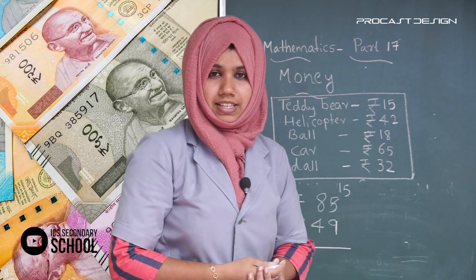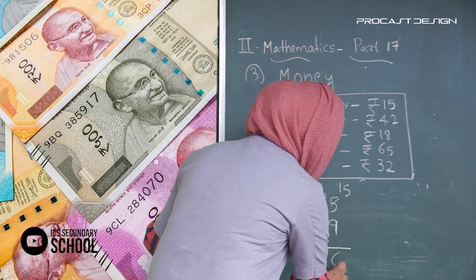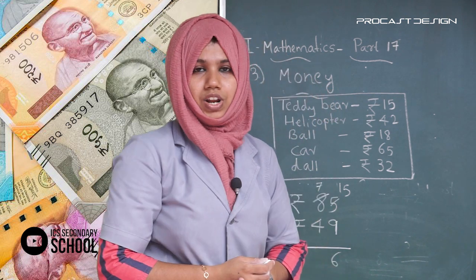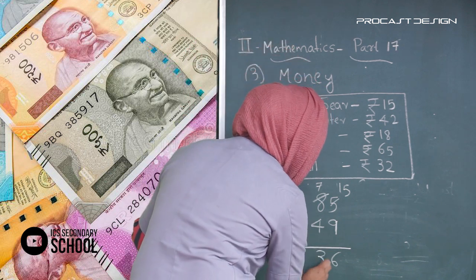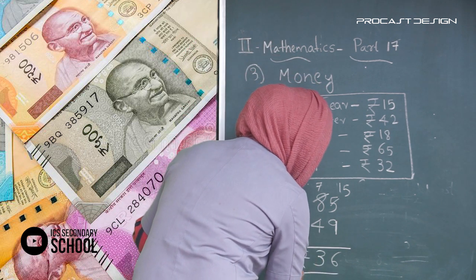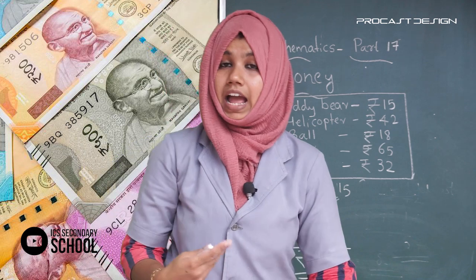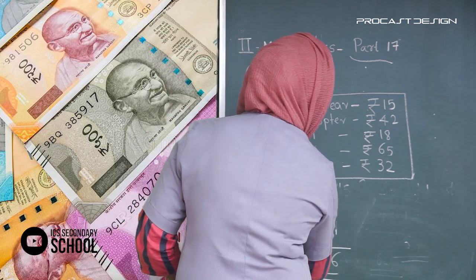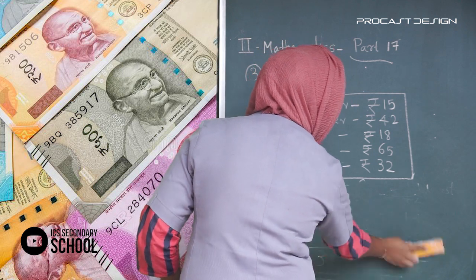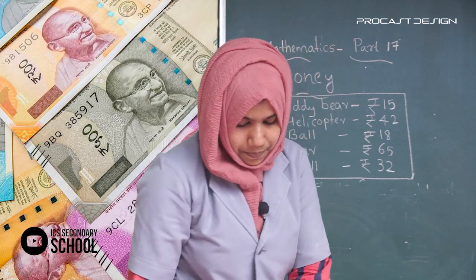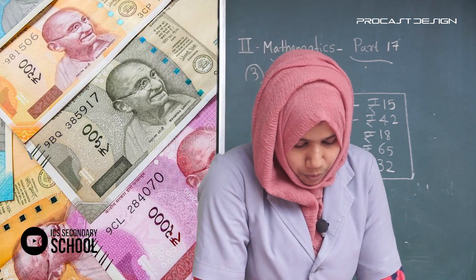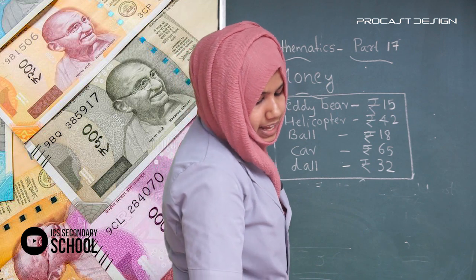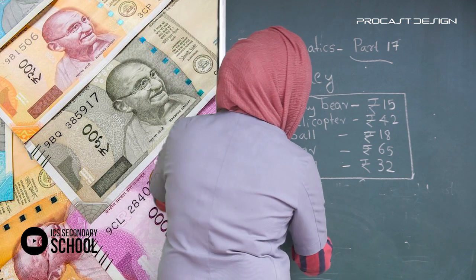So 15 minus 9 is 6. We already studied subtraction. Here 7 minus 4 is 3, so 36. So we can add, and also we can subtract the money. Here we have some problems based on the subtraction of rupees. How much will I get back?